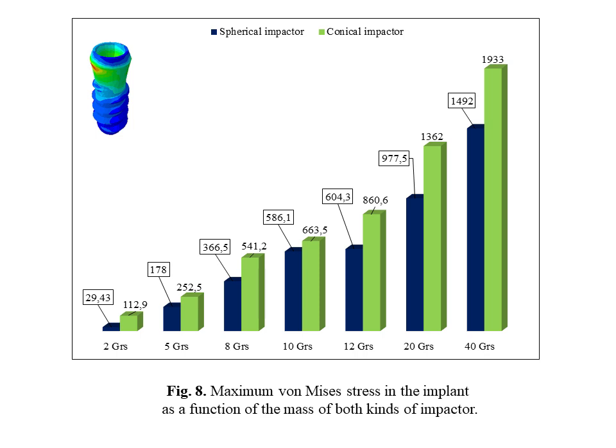Whatever the impactor's shape, the numerical results obtained by the finite element method show that the value of the maximum von Mises stress depends on the impactor's mass. It is noticed that the conical impactor leads to maximum von Mises stress in the dental implant more significant than that caused by the spherical impactor.